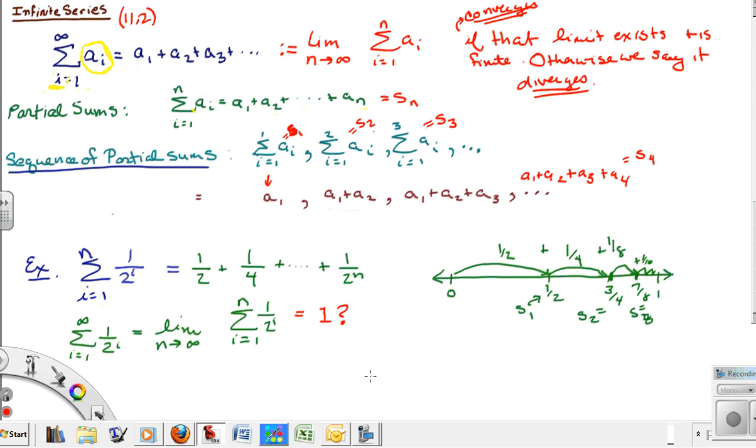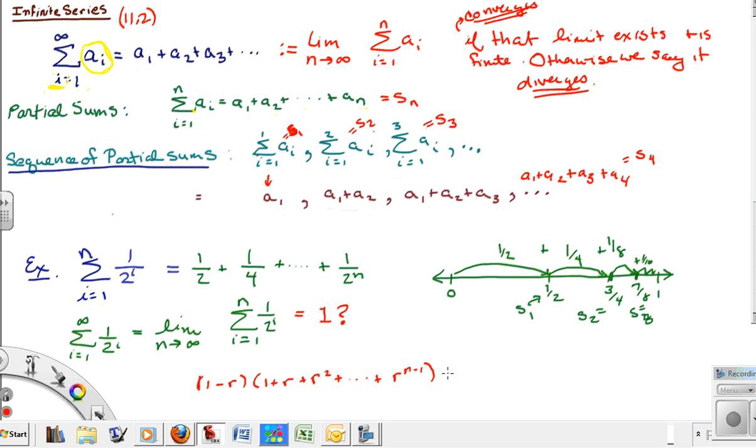I want to remind you of the factorization of a polynomial. Let's multiply out some polynomials so I can remind you of factorization. I'm going to look at 1 minus r times 1 plus r plus r squared plus dot dot dot plus r to the n minus 1, right?